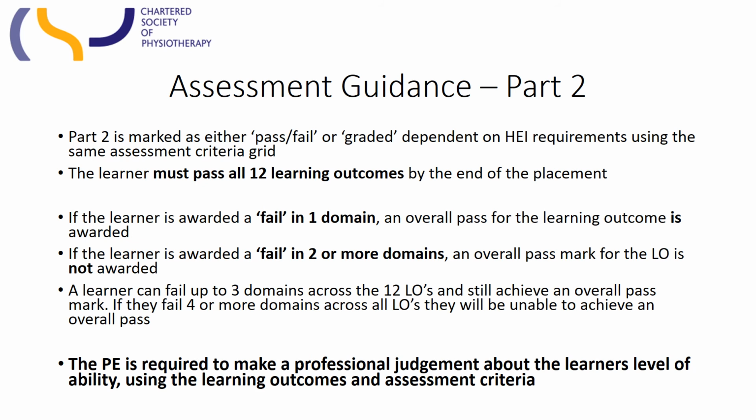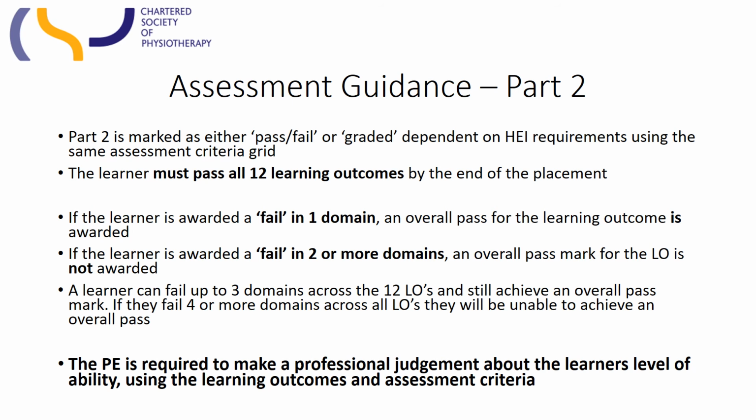There are 12 learning outcomes with 3 domains in each. So that means there are a total of 36 domains. A learner can fail up to 3 domains across the 12 learning outcomes and still achieve an overall pass mark. However, if they fail 4 or more domains across all of the learning outcomes, they will be unable to achieve an overall pass.